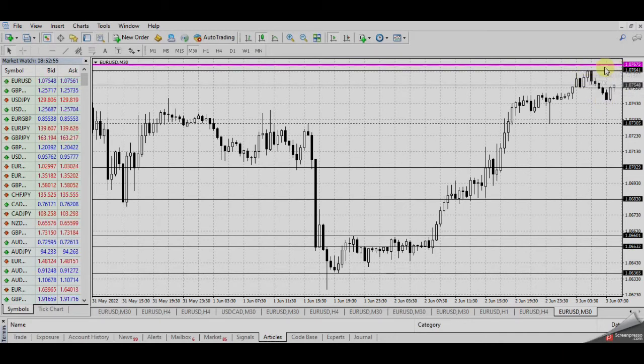If we hit this resistance, price should rise until 0.79508, okay, before falling again, because it's a big resistance, 0.80 figure, okay.